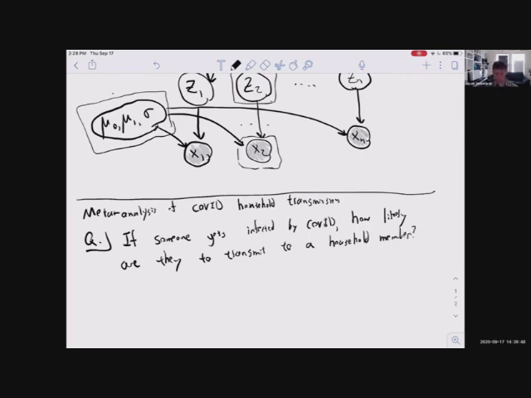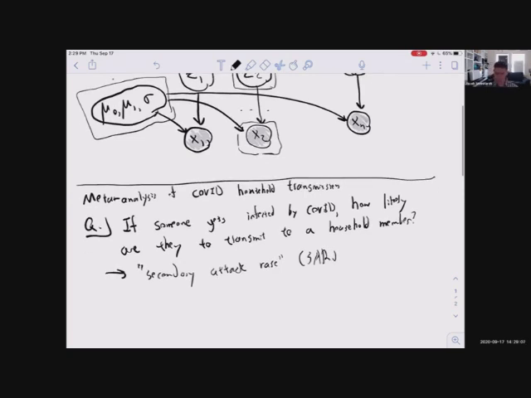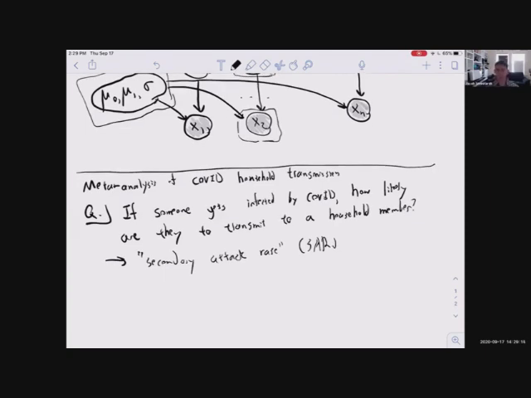This has a name. It's called the secondary attack rate, or SAR. That's not really necessary terminology to know, but just in case you're curious, that's what it's called. This is a question that is obviously quite important to know the answer to.